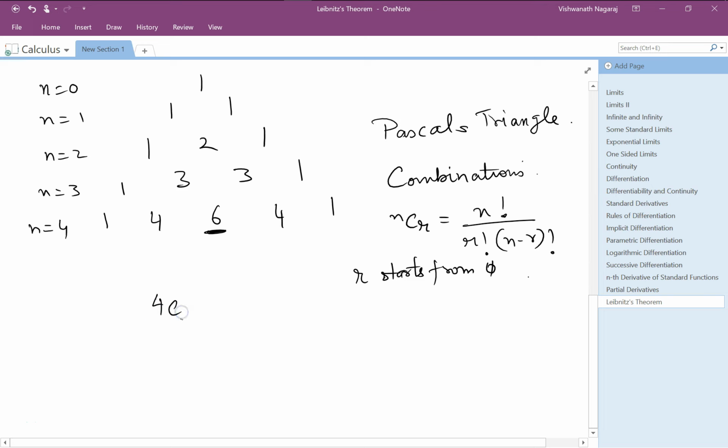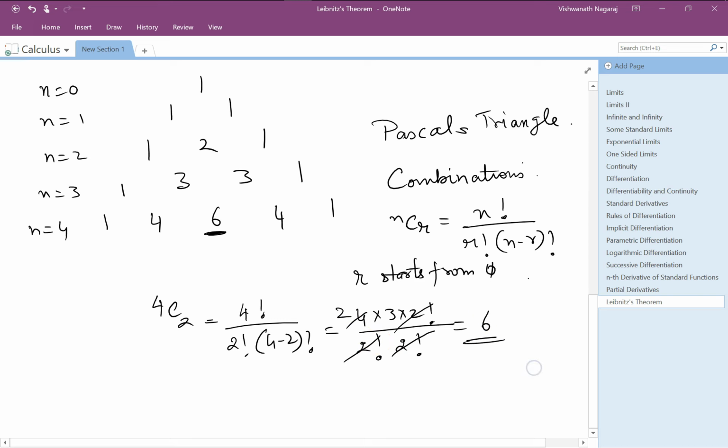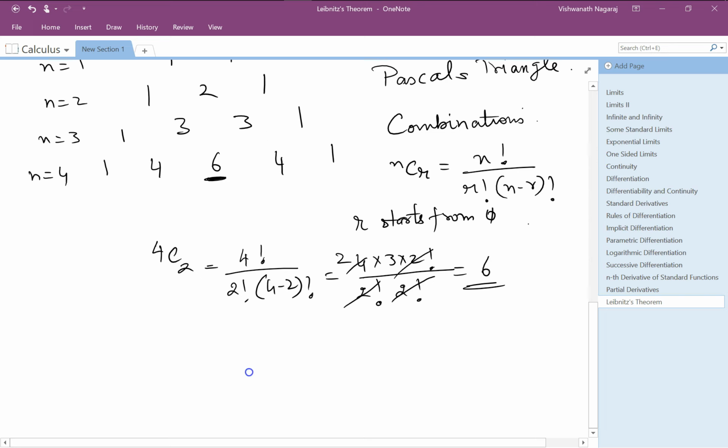So 4C2, which is equal to 4 factorial by 2 factorial times 4 minus 2 factorial, which is 4 times 3 times 2 factorial by 2 factorial and 2 factorial. So these two get cancelled. 2 factorial is nothing but 2, so 2 2's and 6. So surprisingly, the derivatives suddenly connect to the binomial theorem.